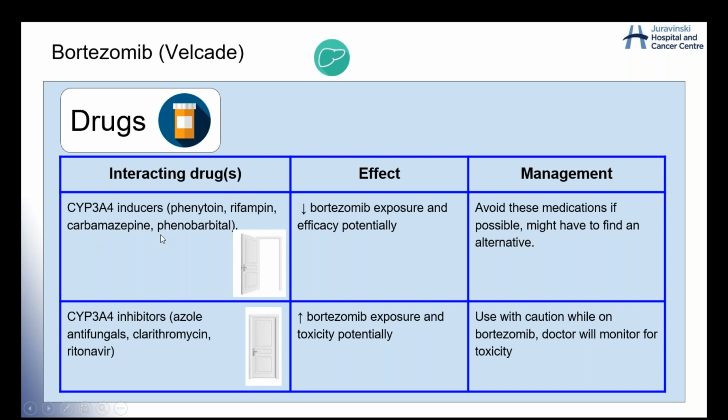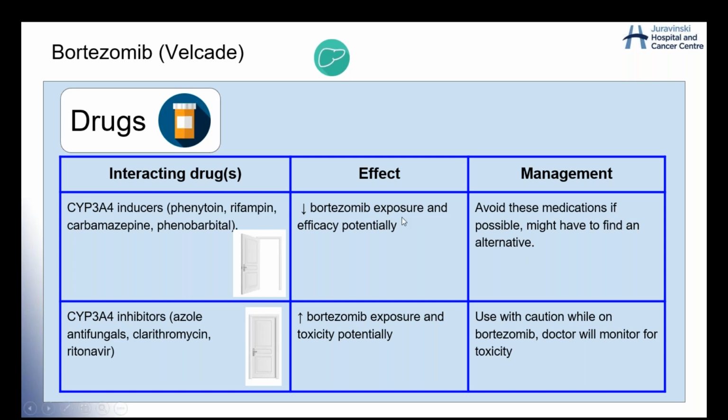So there are some medications like phenytoin and carbamazepine, for example, phenobarbital. These are seizure medications that we use to prevent seizures in epilepsy, and they tend to induce those enzymes, or in other words, open these doors very wide.